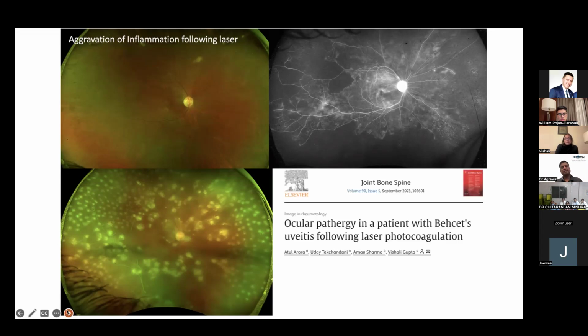We did report it as an ocular pathology, but that's not the aim I'm showing you. Why I'm showing you this slide is that if you see carefully, the top panel, there were probably small little patches of retinitis in the periphery, which I did not pay attention to. To me, it looked quiet.